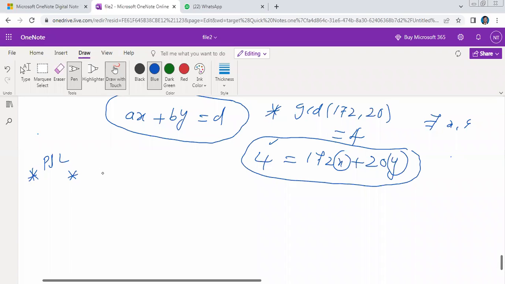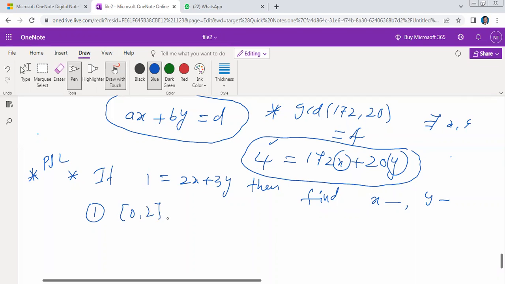ఇలా ఇచ్చాడు. If 1 is equal to 2X plus 3Y, then find X, Y values అని పెట్టేసి కింద ఆప్షన్స్ ఇచ్చాడు. ఆప్షన్ ప్రకారం సెలెక్ట్ చేయండి. Then X, Y belongs to, first option 0, 2.